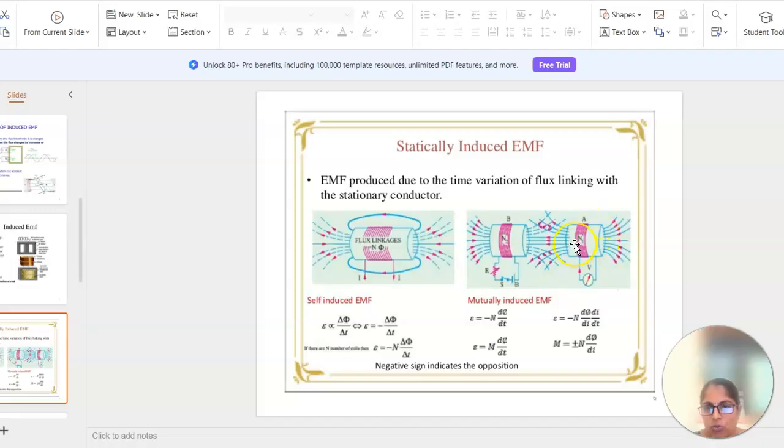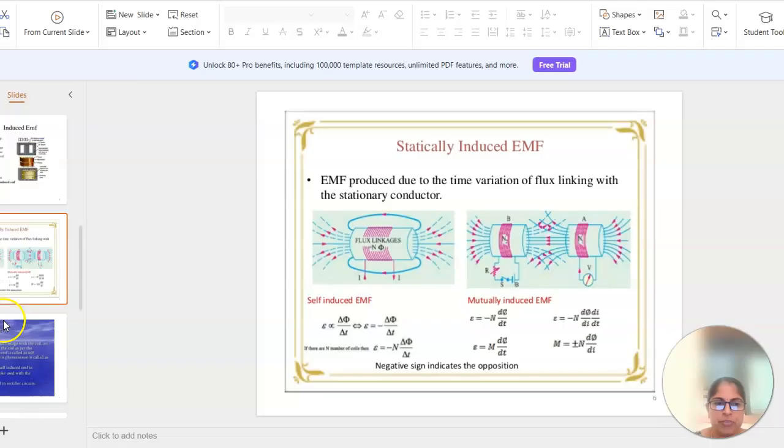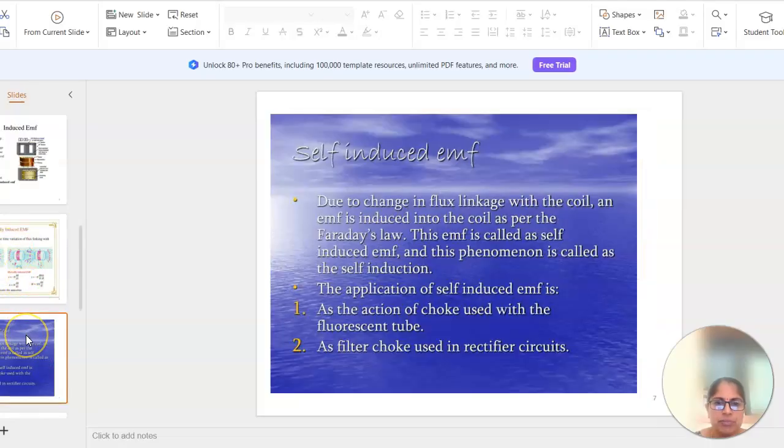If we have any closed path, we can see the current flow through the closed path also. So this induced EMF is called mutually induced EMF. The EMF induced in a coil due to the current flow in the neighboring coil is called mutually induced EMF. And the second type is dynamically induced EMF.